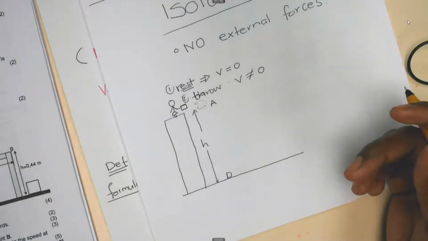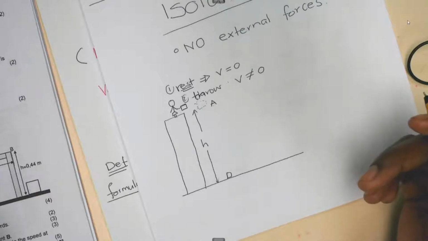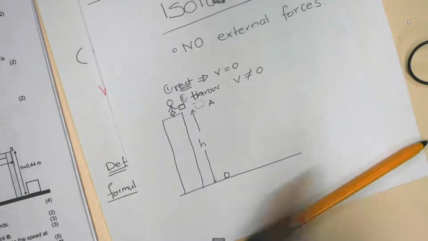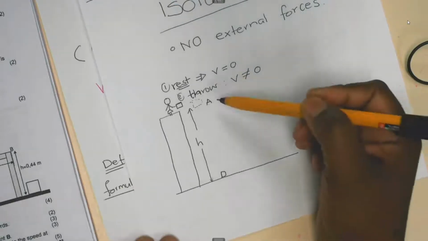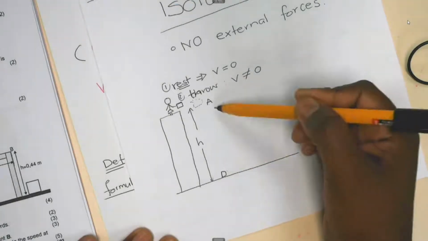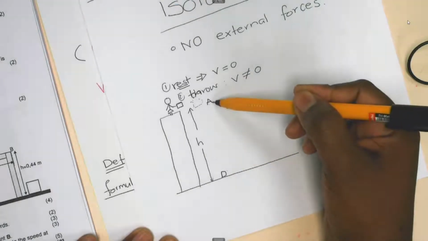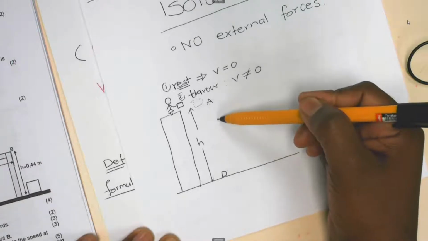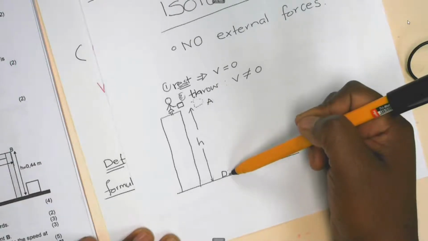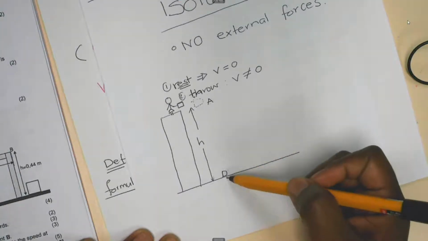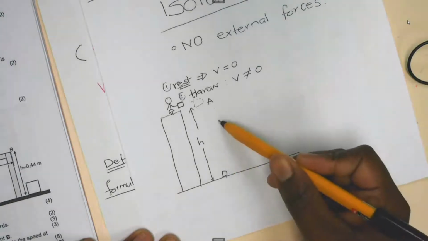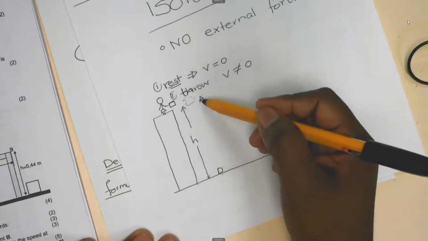You can't create energy, but it can just be transformed from one form to another. So as the object is moving between A and D, the potential energy that it has here, as it moves down, is being transferred to kinetic energy. And as it moves from this point there, the kinetic energy is being transferred to potential energy, and so forth.